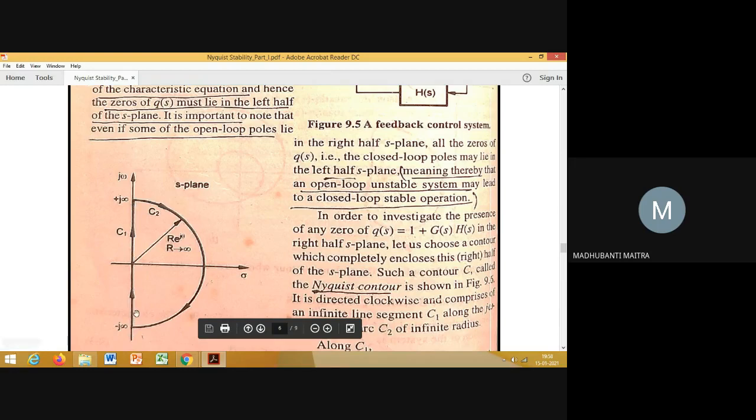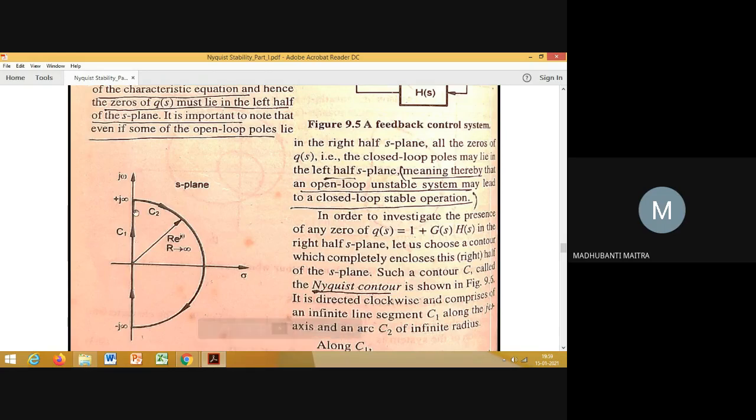Such a contour will consist of one infinite straight line and another semicircular arc having infinite radius. Along the straight line, which is the imaginary axis, we know that s will be equal to j omega, where omega varies from minus infinity to plus infinity.